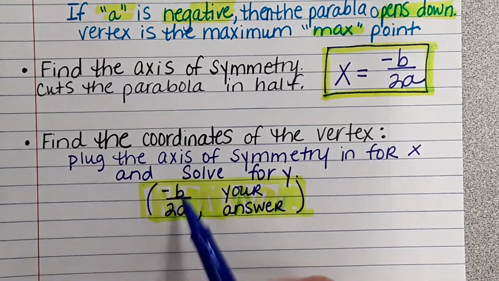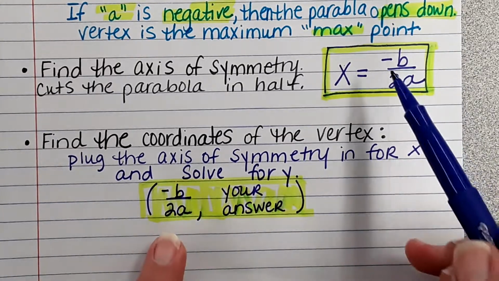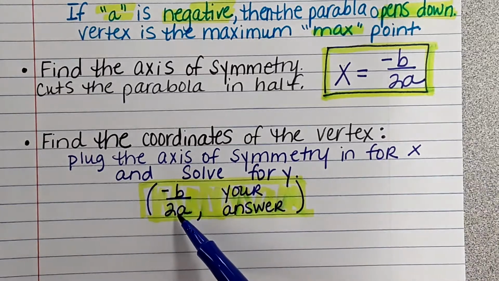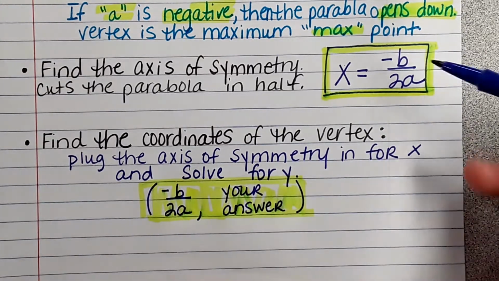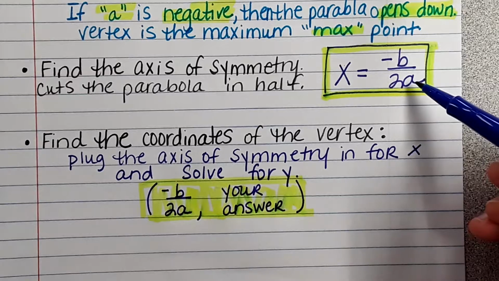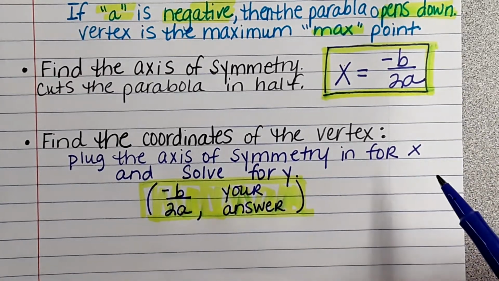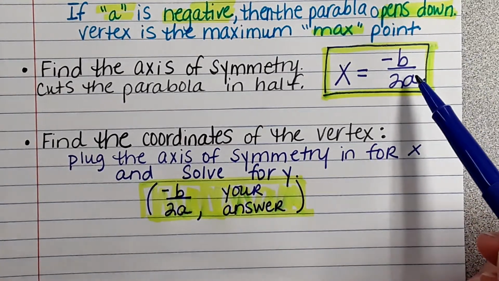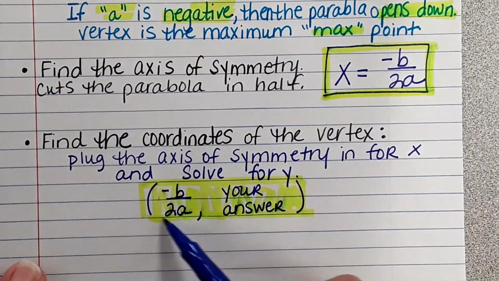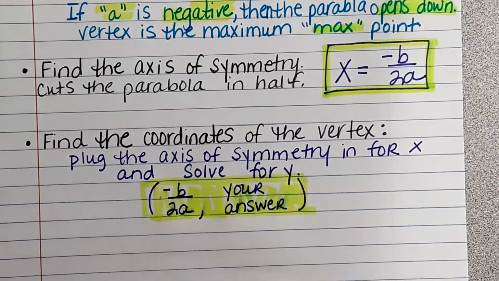Yep, negative b over 2a. So notice that the axis of symmetry and the x value of the vertex are always the same. So you guys, basically, if x equals 4, then this is 4, and then you plug 4 into the equation. So again, if x equals 1, this part right here is 1, you plug 1 into your equation.